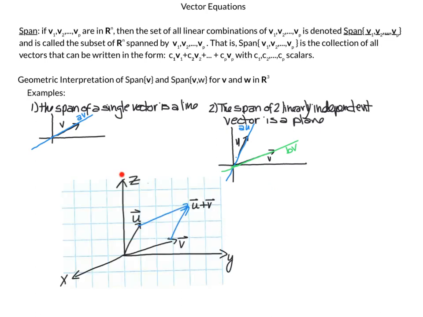As I had mentioned, if you were in three-dimensional space with an x, y, and z coordinate, you still have u and v, which are two vectors. They're also in three-dimensional space, whatever their coordinates are. Your u plus v, you still end up with this plane in the three-dimensional space.